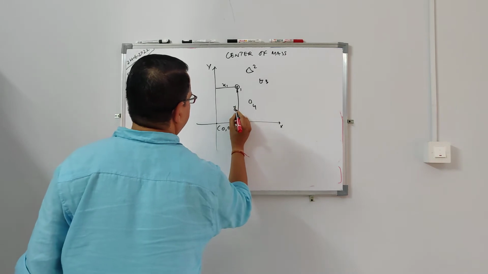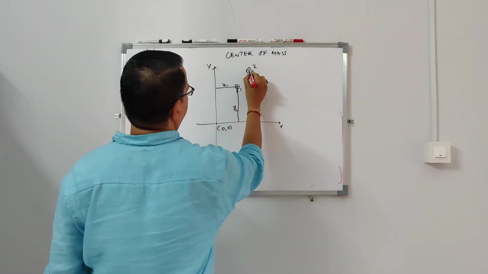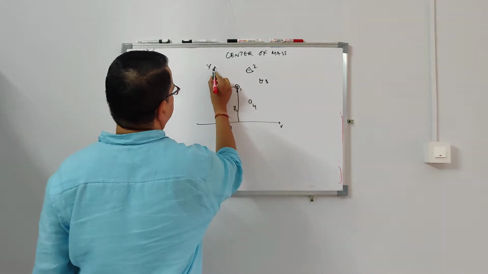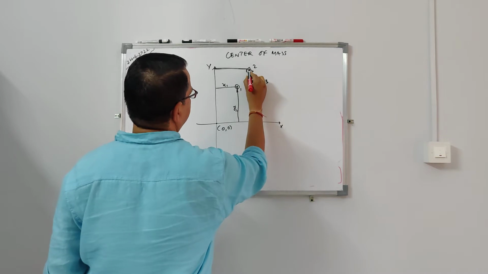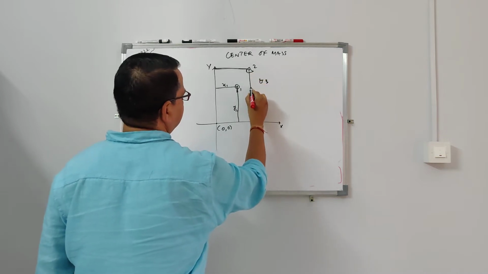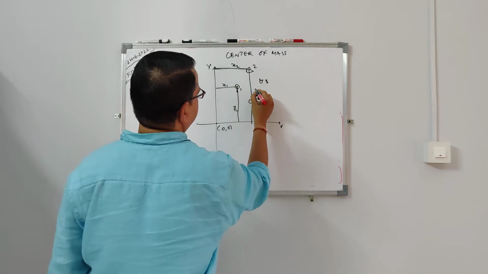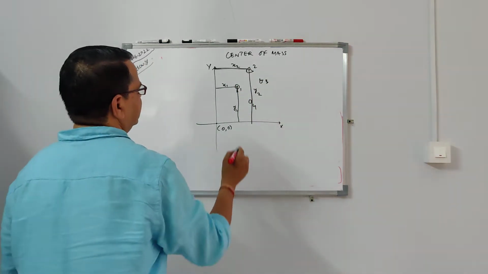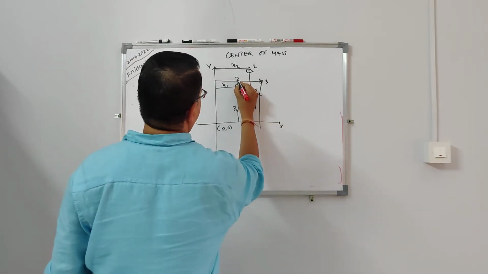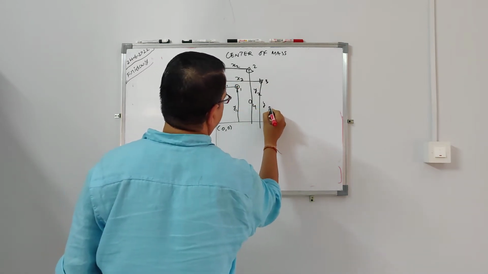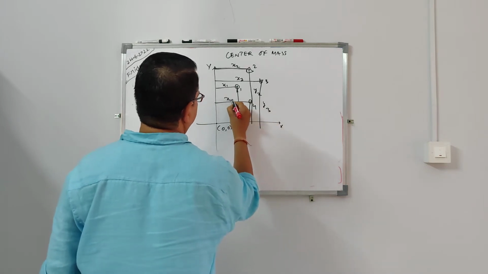Similarly, for this point 2, this is x2 and this is y2. Similarly, this is x3, y3, and then this is x4 and y4.